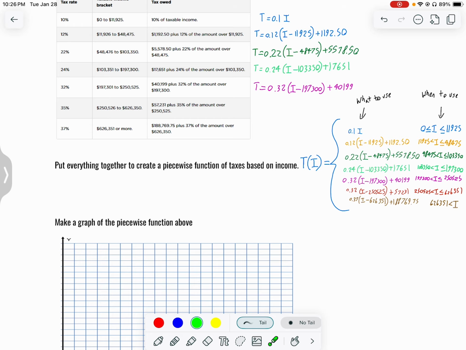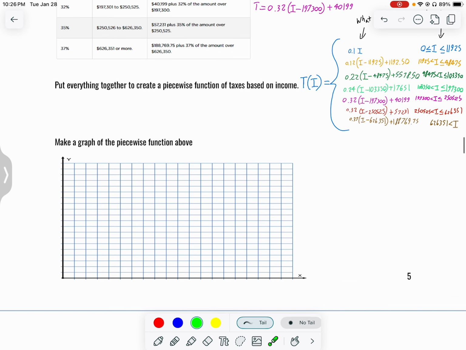Whew. With that piecewise function, we can go ahead and make a graph. Now, in knowing what I know, the bottom of our graph is going to be the income. See where it says X, we're going to change that to I. And the Y, we're going to change to T. All right? So we have income and we have taxes. And with our income, I notice that it goes all the way to 600,000.